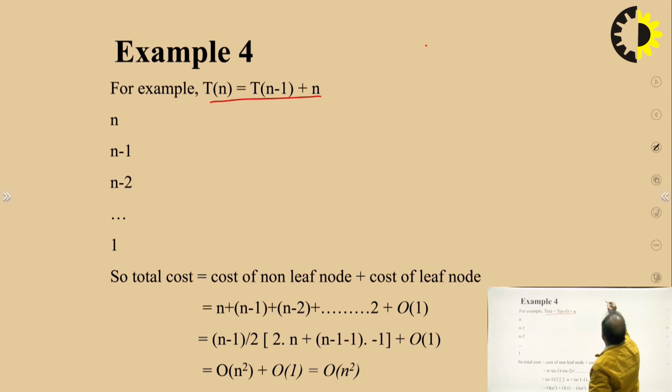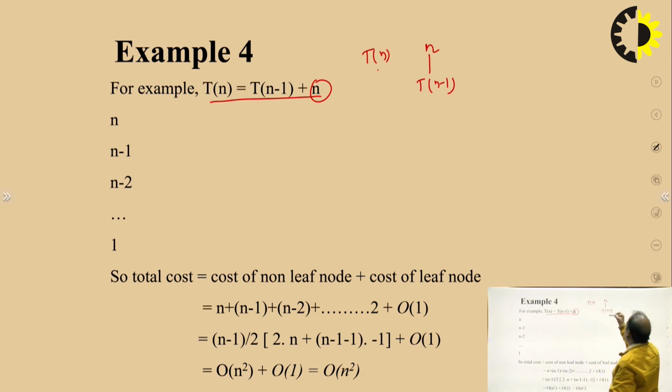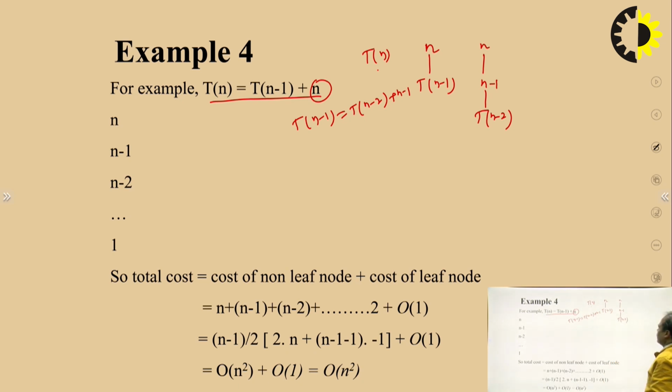Let's say the root is Tn, and n is placed here, and then Tn-1. We can extend Tn-1 as Tn-2 plus n-1, so n-1 sits here. Then again Tn-2 will go here.